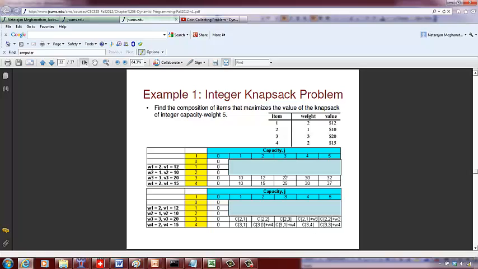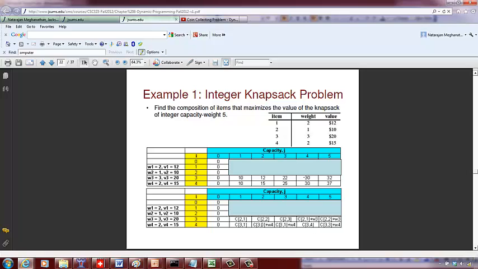Now about this, you will either hold on to this, or how many columns to the left? Item 4 weighs 2 pounds, so you go 2 columns to the left, which is this 10 plus 15, which is 25. So you got it from C of 3 comma 1 plus item 4. Now what about this? You compare with 2 columns to the left, which is this 12 plus 15, which is 27.